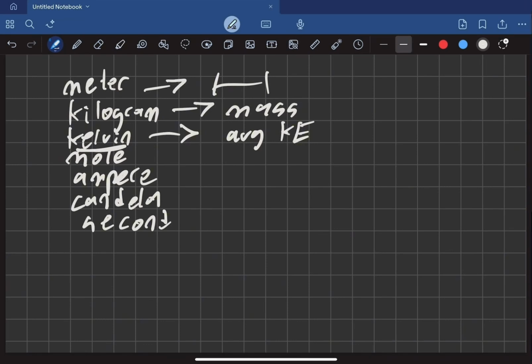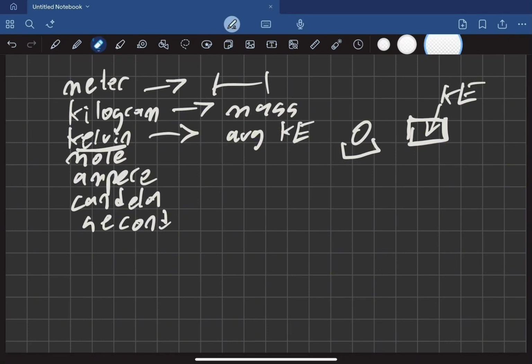And Celsius defines 0 as when water freezes. But frozen water, this little ice cube here, there's still kinetic energy in these particles. So this is kind of a silly classification of what 0 should be.